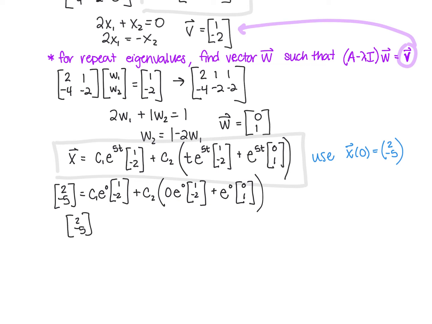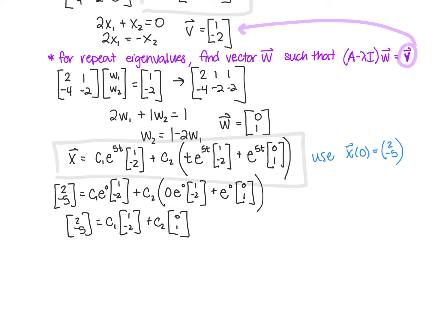Here's the beauty of this one. Write just this step if you're out of space. Okay. With plugging in 0 for t, we get this pretty nice system of equations here.